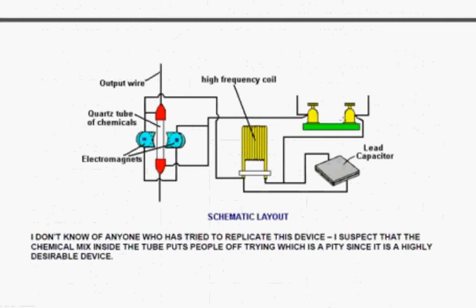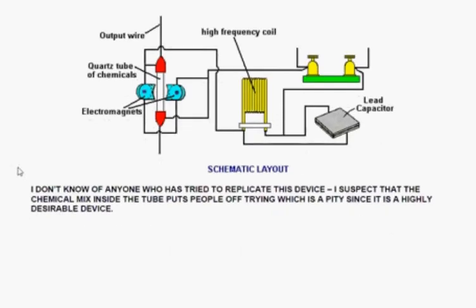You merely generate through here an input high-frequency electromagnetic wave, and that activates the material inside in the tube, and that gives you, from a very tiny tube, 1 kilowatt for about an hour.